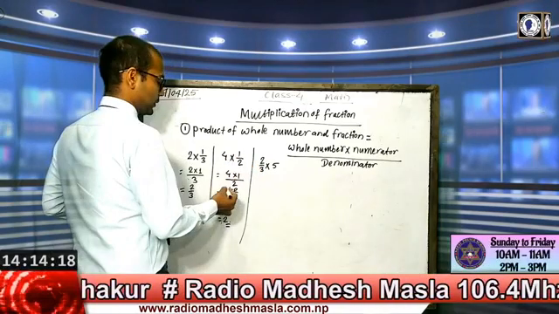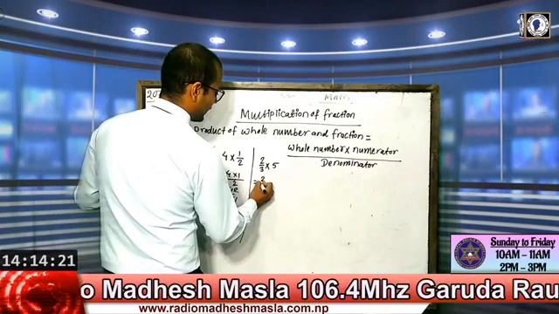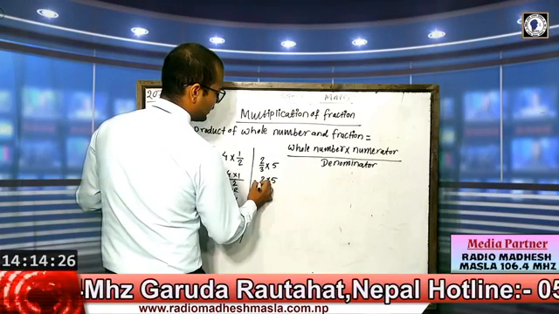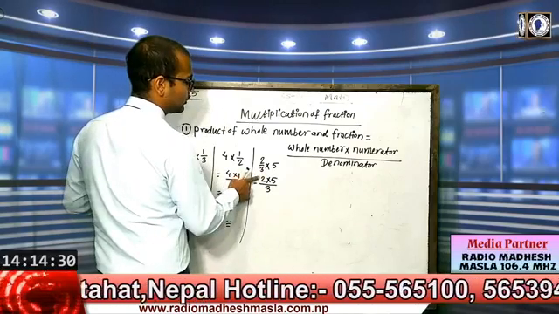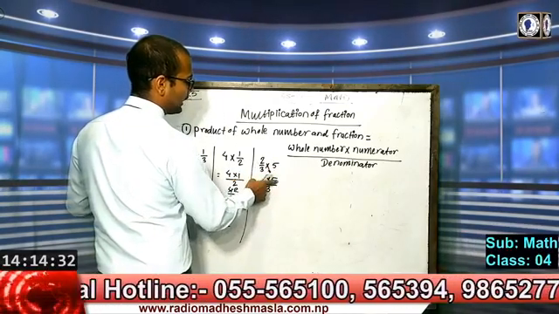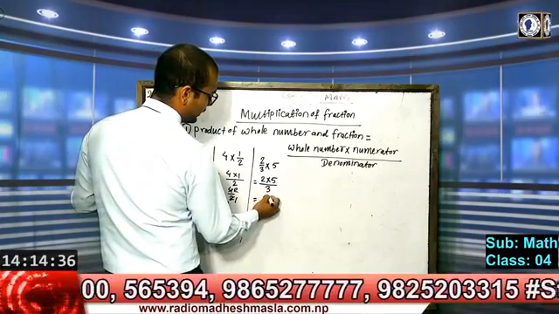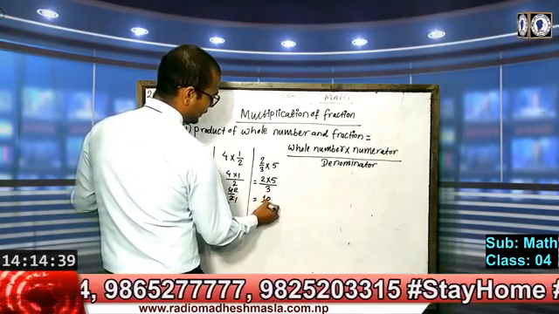So here, students, 2 by 3 means numerator into whole number by denominator. The numerator is 2, the whole number is 5, and the denominator is 3. Then 2 fives are 10 by 3.